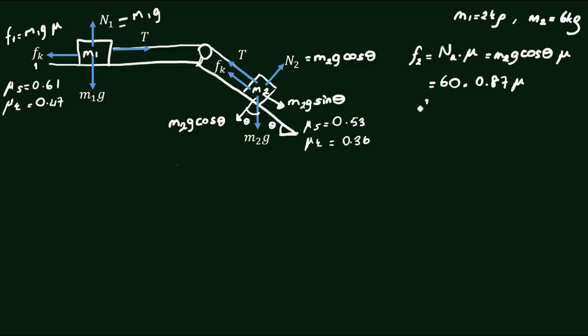For F1, I have 20 times mu. So this is 52.2 mu.